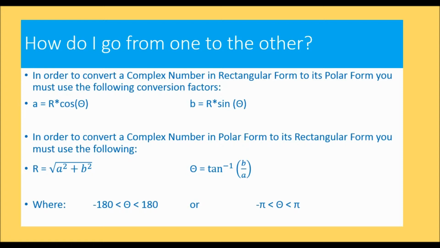In order to convert a complex number from rectangular form to polar form, you must use the following formulas: r equals the square root of a squared plus b squared, and zeta equals the inverse tangent of b over a, where negative 180 degrees is less than zeta, which is less than 180, or negative pi is less than zeta, which is less than pi.